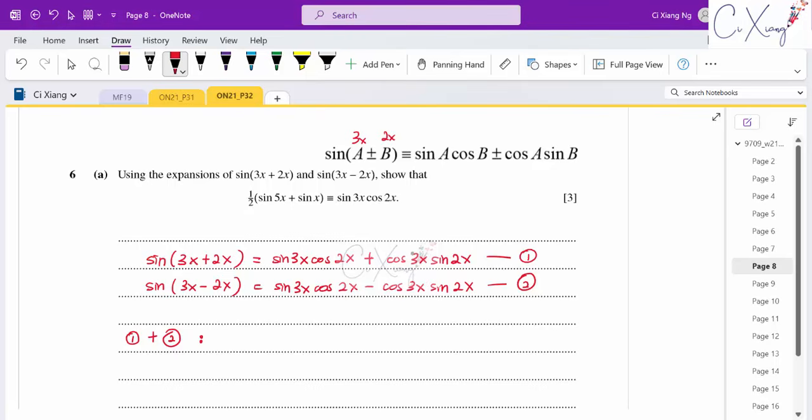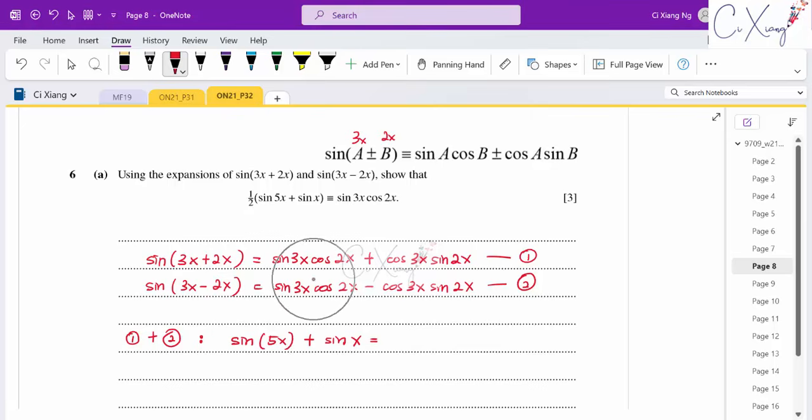Okay, if I want to add the two equations together, right? Left hand side, sine 3x plus 2x, 3x plus 2x, we'll get 5x. So I will get a sine 5x here. Then plus, the second equation on the left hand side is 3x minus 2x. Therefore, when I take 3x minus 2x, I will get sine x.